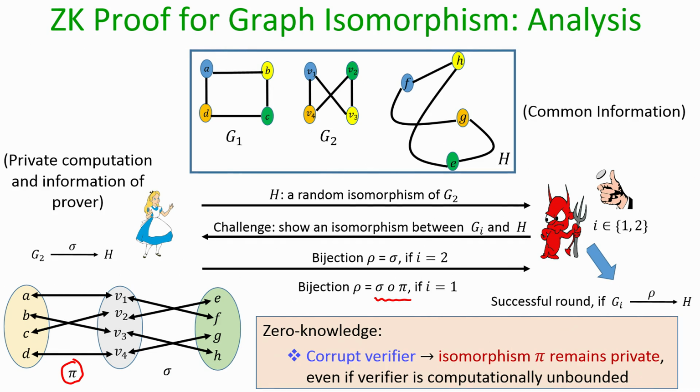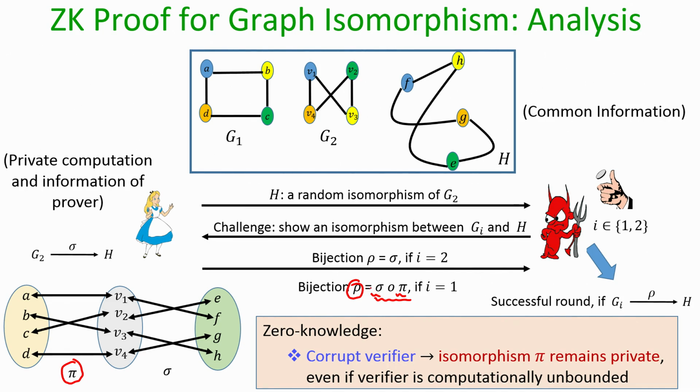And since sigma is randomly chosen in each iteration, you can imagine that sigma is acting as some kind of mask here. Since sigma is randomly chosen and pi is available only with Alice, this overall composed mapping does not reveal anything about the secret mapping pi, because the masking, namely the mapping sigma, is randomly chosen by Alice.